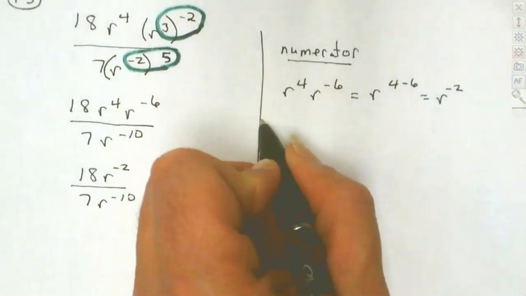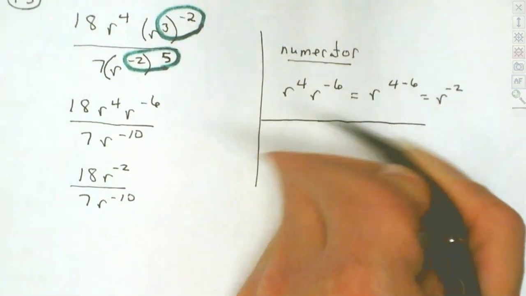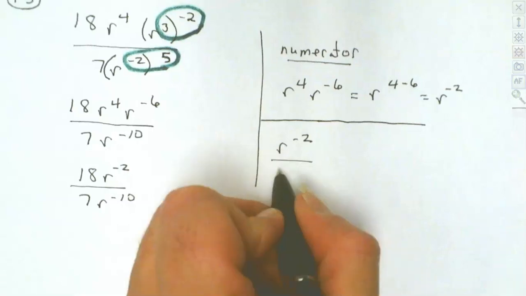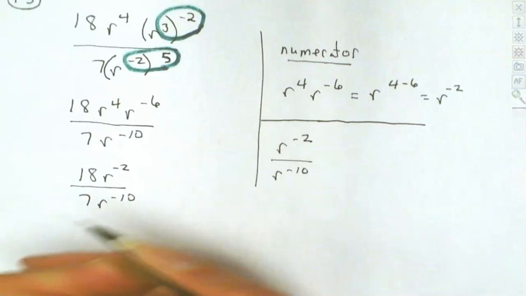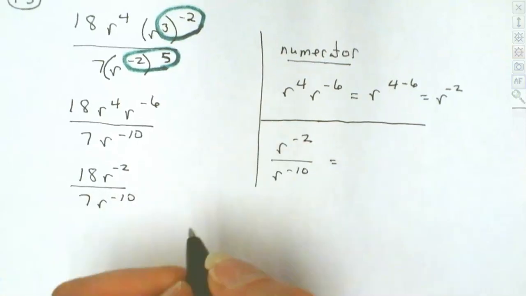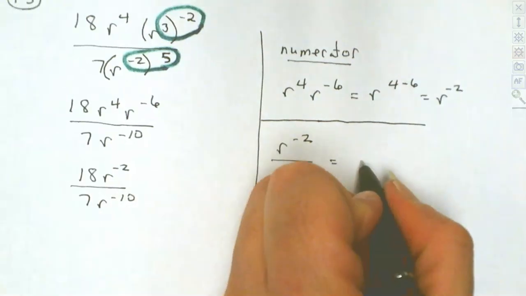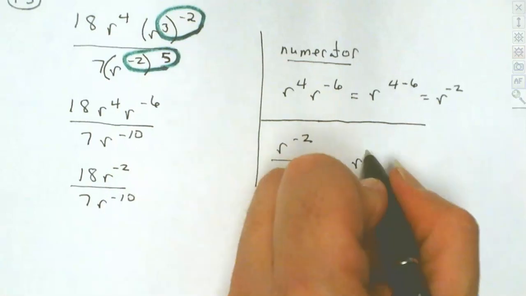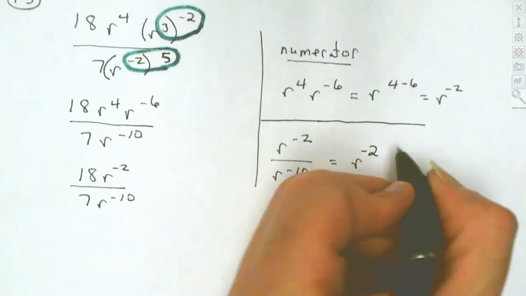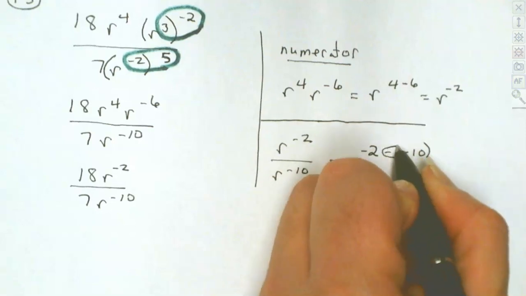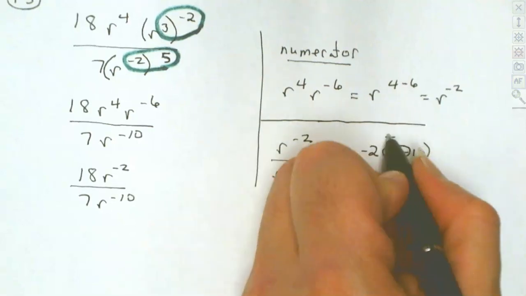So we now have, for the next part, r to the negative second over r to the negative 10th power. We're dividing, so we subtract. Watch out for double negatives. So that's r then to the minus 2 minus a minus 10. Double negative here is going to make that positive.